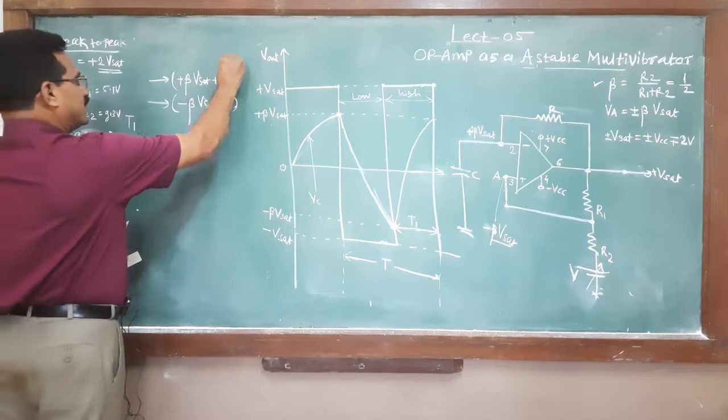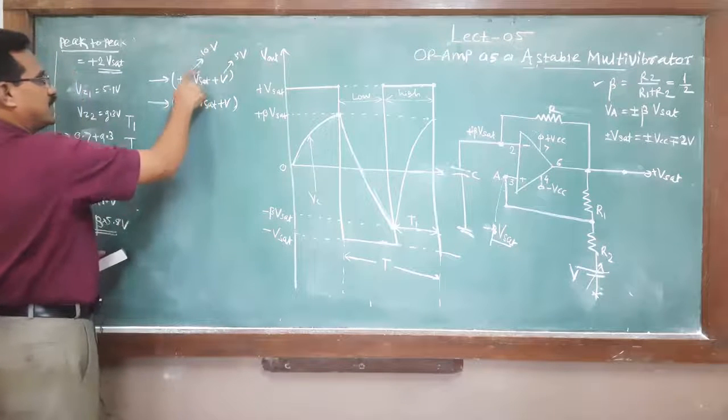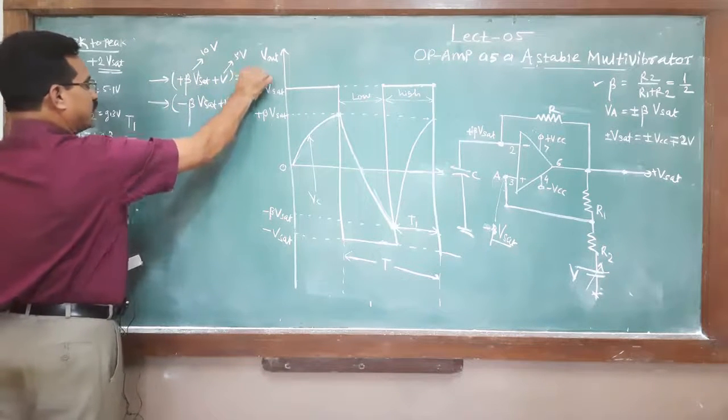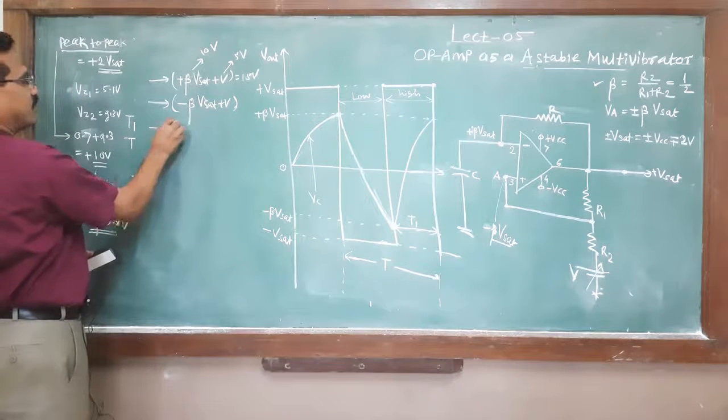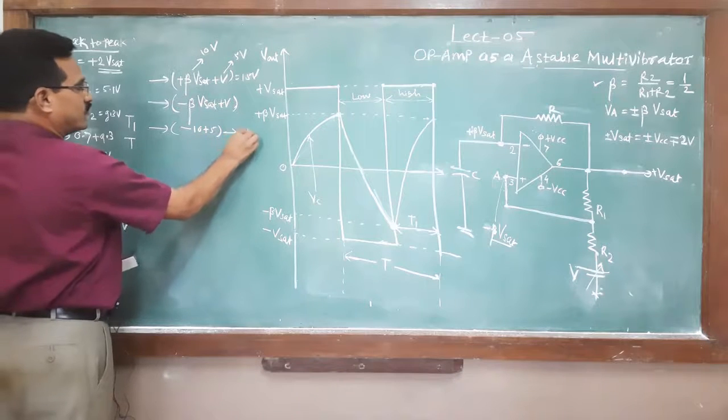Suppose the value of V is 5 volt, and suppose this value is 10 volt. 10 plus 5, this value is 15 volt. And here is minus 10 plus 5, what is this value? Minus 5 volt.